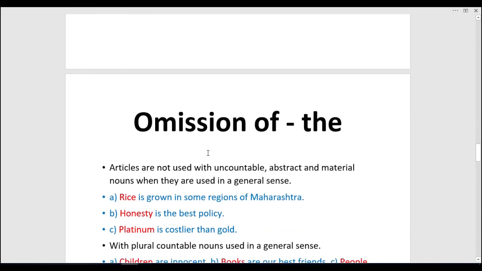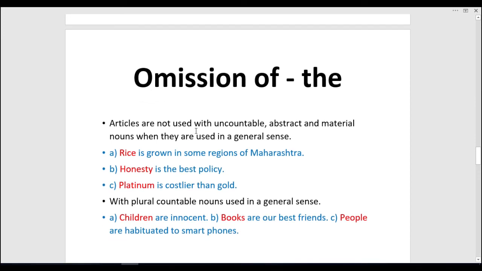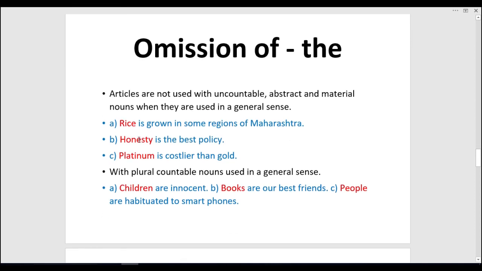There are a few rules for omitting the. Articles are not used with uncountable nouns, which cannot be counted, abstract nouns, and material nouns when they are used in a general sense. These are uncountable nouns, so the is dropped.